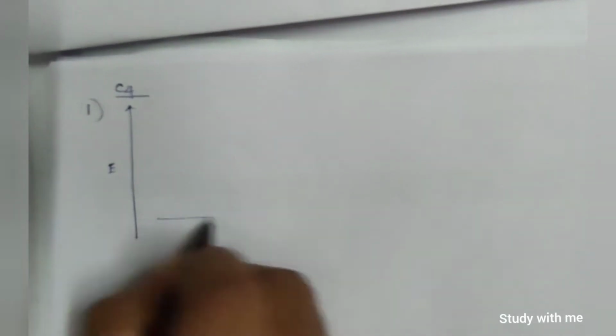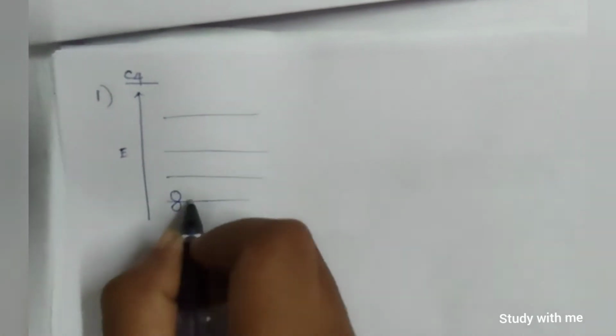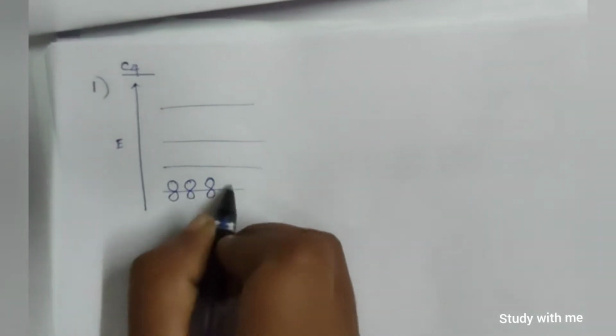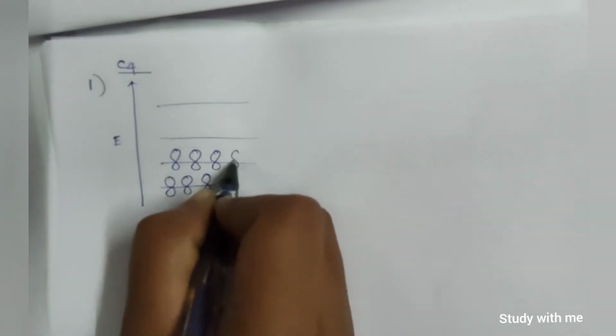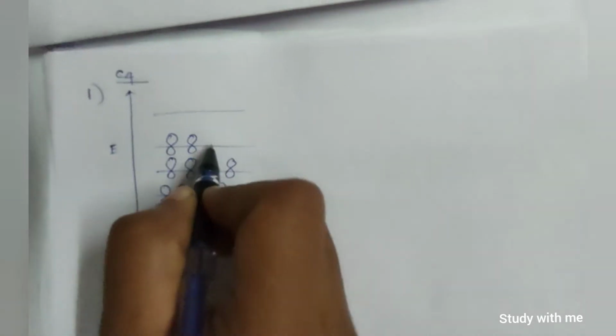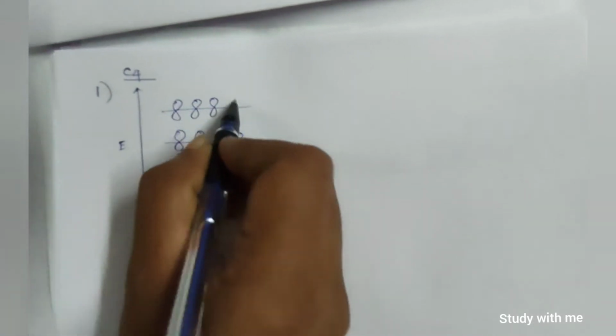First draw the energy axis, then it is a butadiene, so it is a C4 system, isn't it? So draw 4 lines like this, and then 4 MOs like this, and we have to put positive and negative signs according to the nodes.